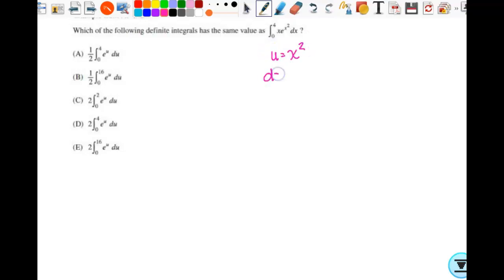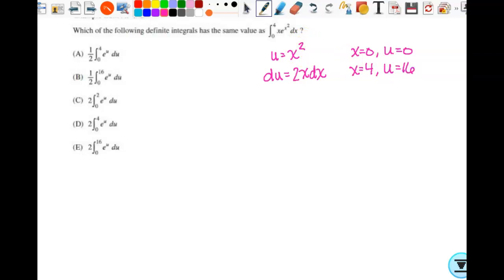So du equals 2x dx. Then I'm also going to look at my limits. When x equals 0, u equals 0. When x equals 4, then I'm substituting it in here, u equals 16, okay?